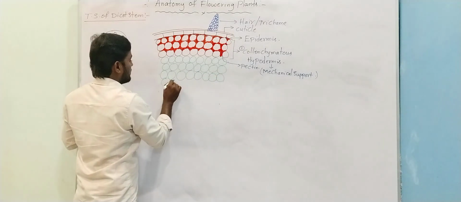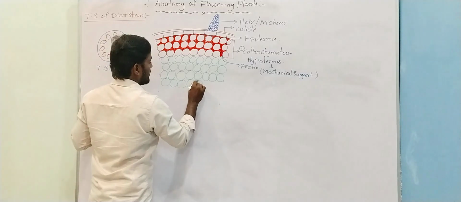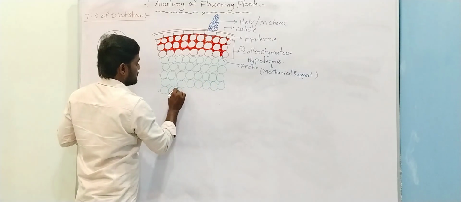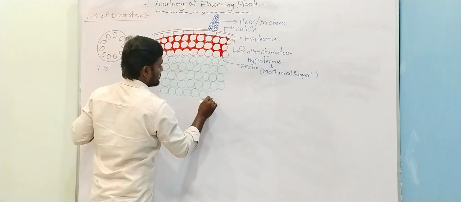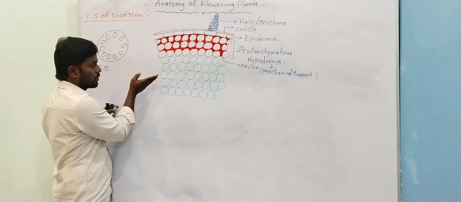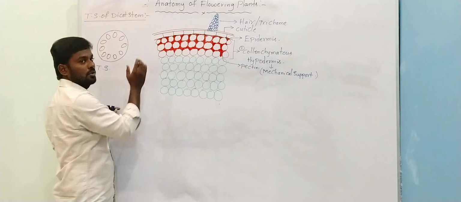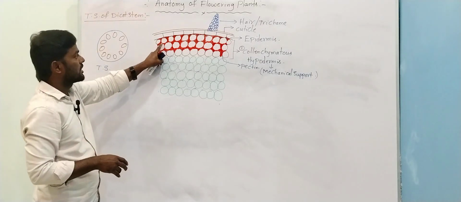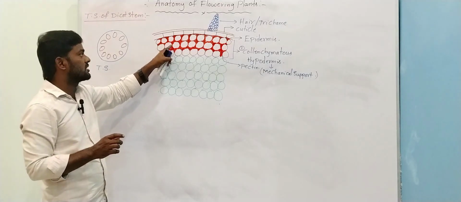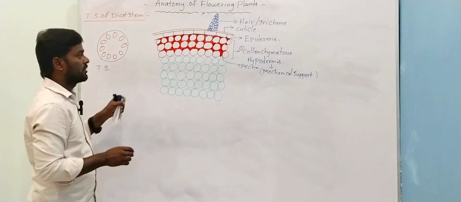Here the intercellular spaces are present. Compared to the collenchymatous hypodermis, which has no intercellular spaces, because the pectin material is deposited between the collenchymatous cells.